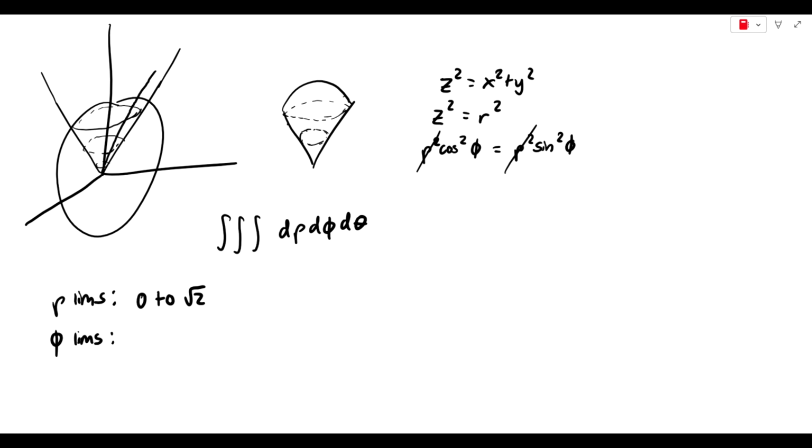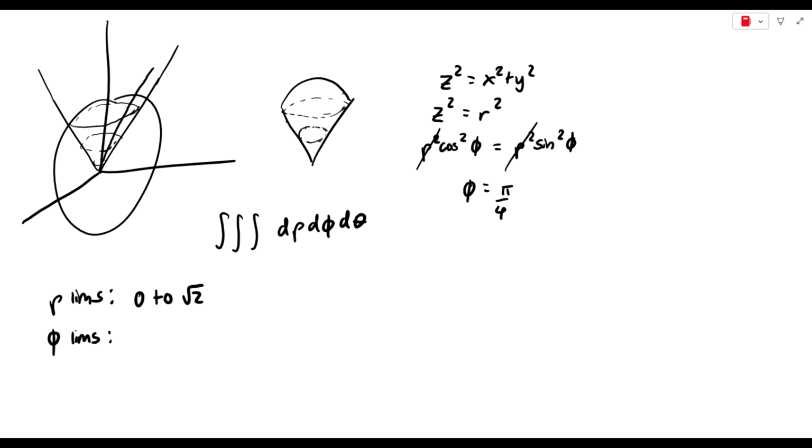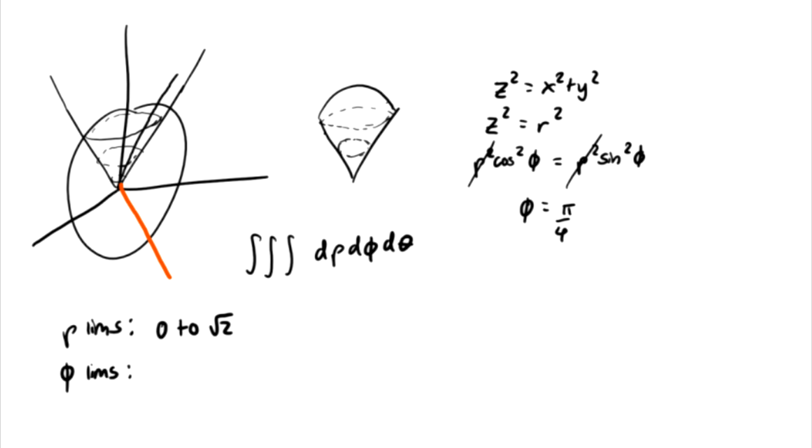Dividing by rho squared on each side, we get cosine squared phi equals sine squared phi, leading to phi equals pi over 4. Note that the equation cosine squared phi equals sine squared phi can also lead to other values of phi, but we chose pi over 4 since phi ranges from 0 to pi, and it can't be 3 pi over 4 since that would be at the negative z-axis, kind of like here. And when looking at the image, that's not the case.